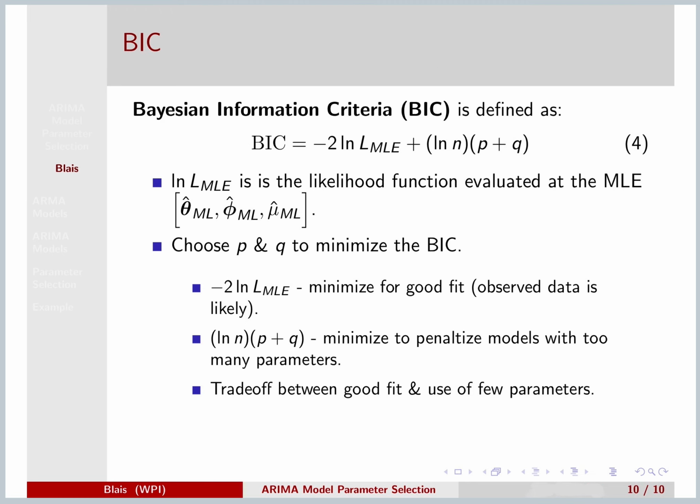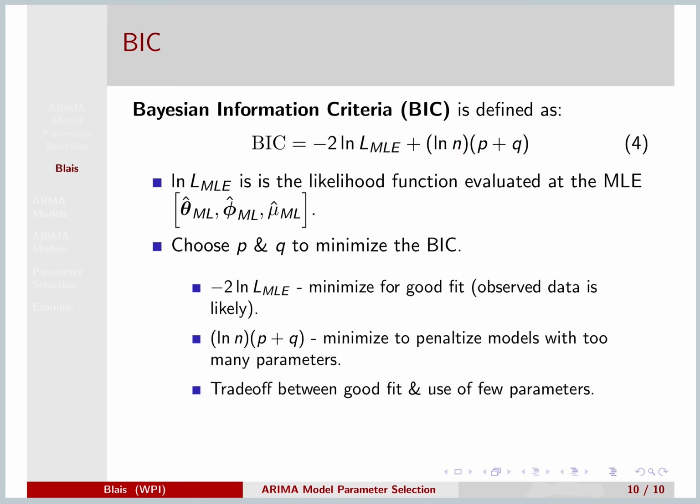Another standard criteria for fitting these types of models is the BIC, or the Schwarz's Bayesian information criteria. This is defined per this equation here. You see the first term is the same as in the AIC, and the second term is very similar to the second term in the AIC. Notice AIC had a 2 here instead of a natural log n.